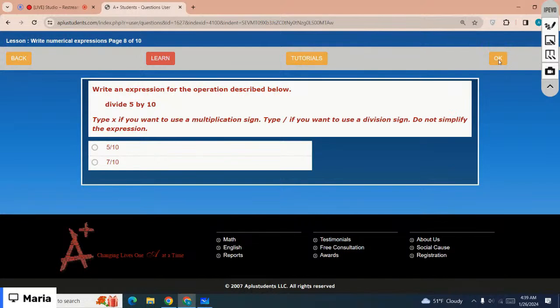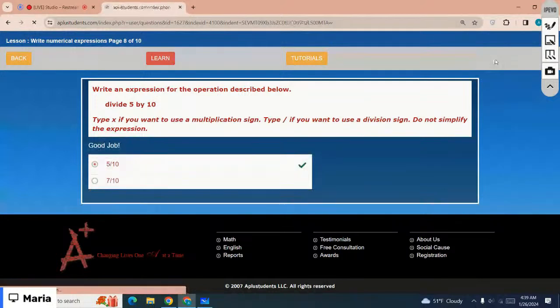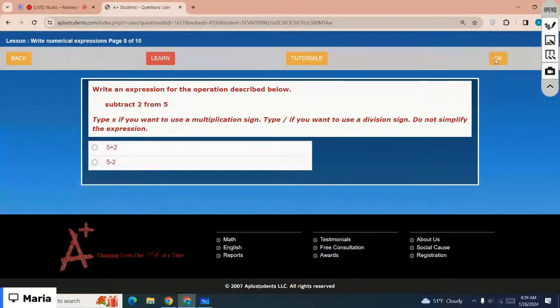The correct option is option number 1, that is 5 over 10. The next one is subtract 2 from 5. So, which is the correct option? That is the second one, 5 minus 2.